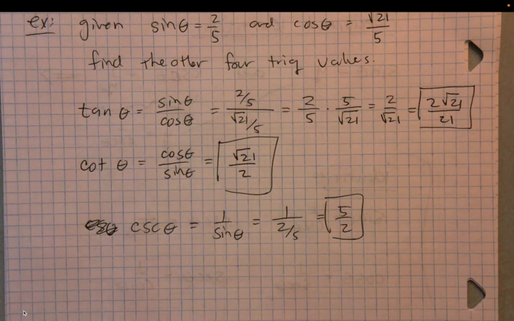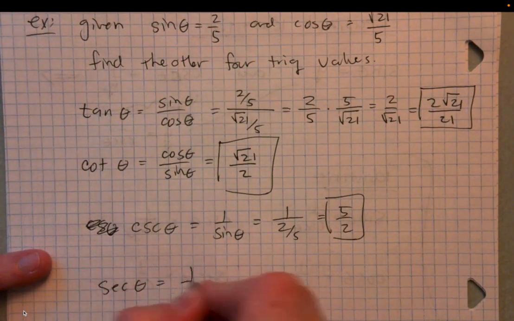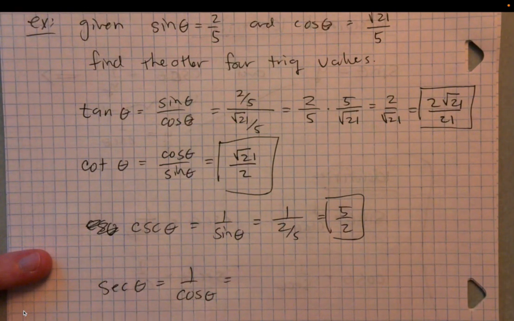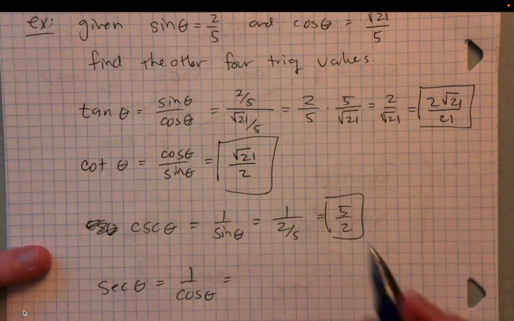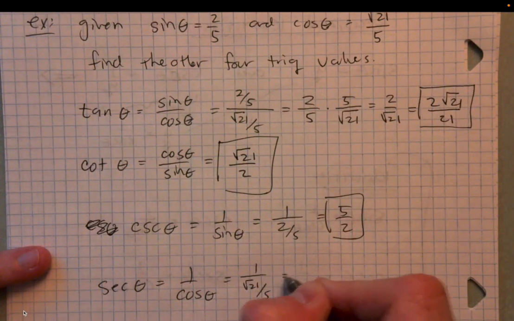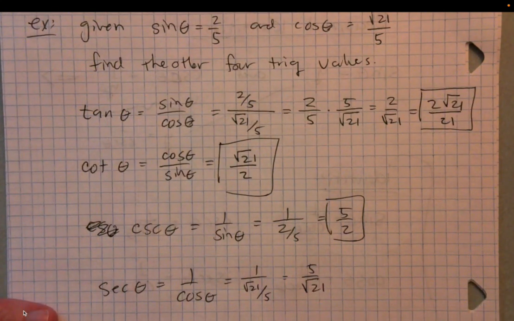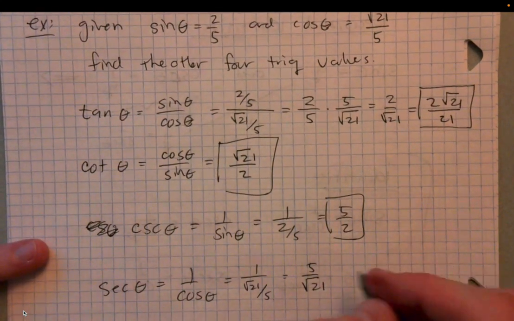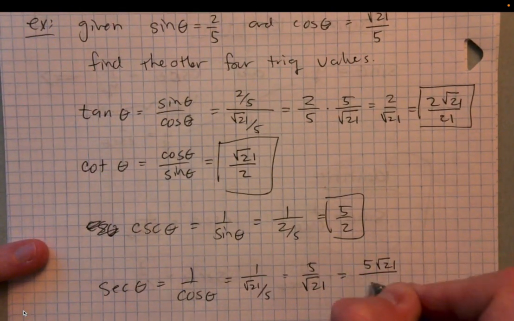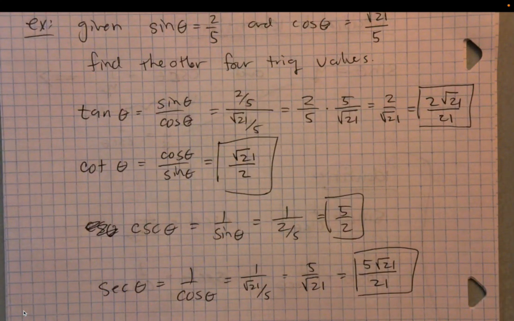And then finally the secant, well, that's equal to 1 over cos. The cosine was the square root of 21 over 5, so 1 over the square root of 21 over 5. And so it's 5 over the square root of 21, and that means it's 5 times the square root of 21 over 21. That's the secant.